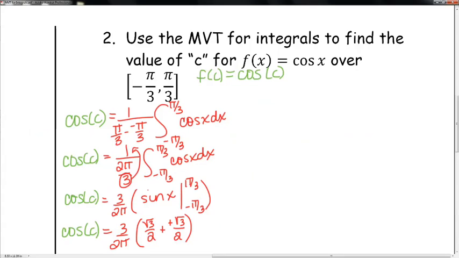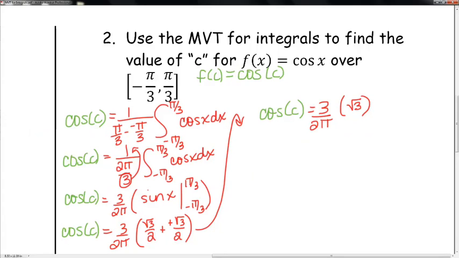And so these two become positive. Sorry. Cosine of c equals 3 over 2 pi times the quantity root 3 over 2 plus root 3 over 2, which just gives me root 3.